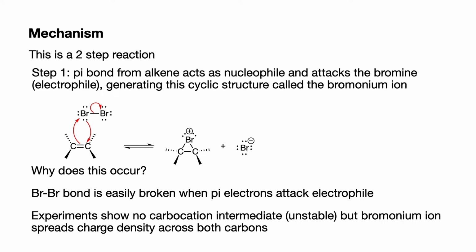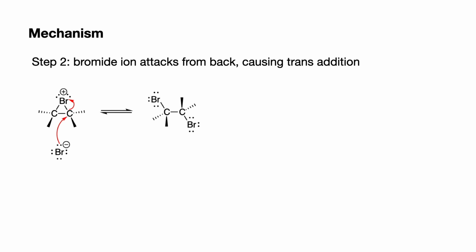So if you were to draw the partial positive charges in, you can see that the positive charge from that bromine is spread on both the left and right bonds between carbon and bromine. So both those carbons are partially positive. And what this means is for our next step, the bromide ion attacks from the back, causing a trans addition.